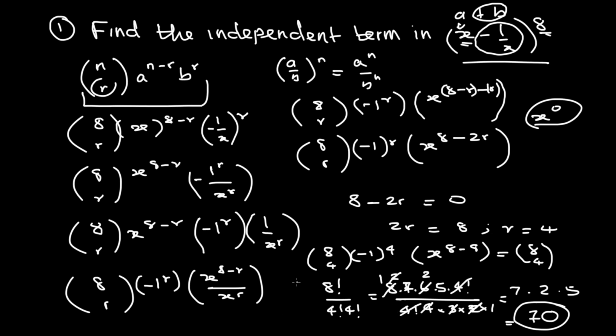Right. So this is how you solve this. You have to be very good at simplifying exponents. And then you have to be good at expanding this to get your answer. But the most important thing in here was for us to understand the term. What does it mean to have an independent term? Okay.